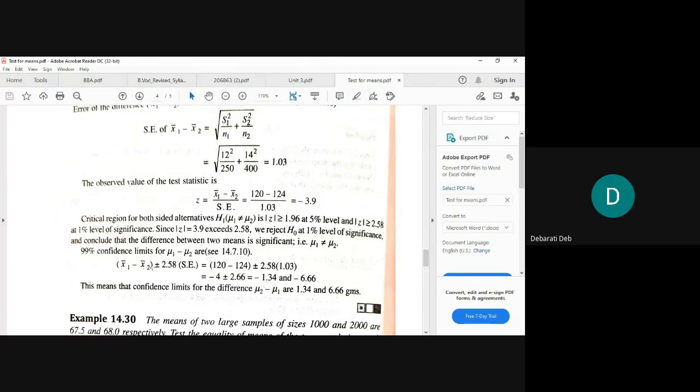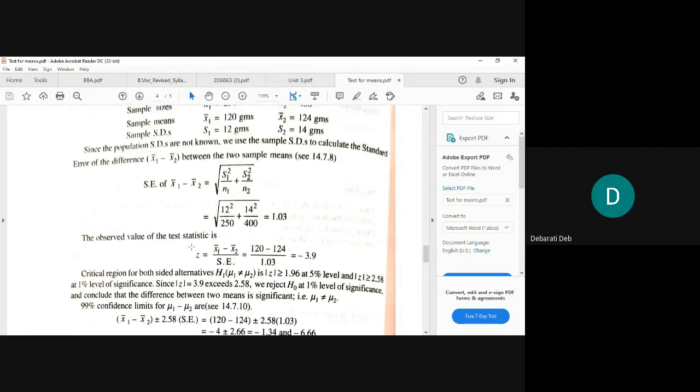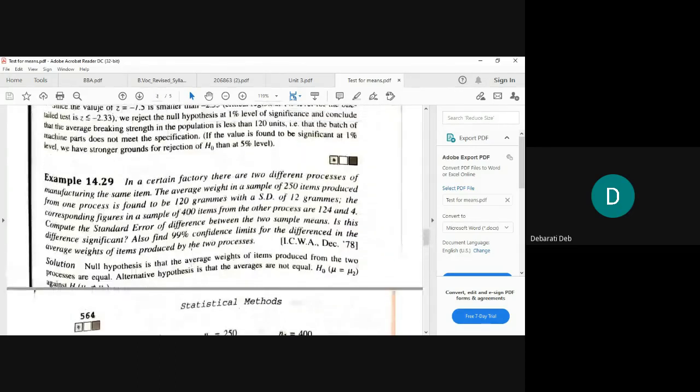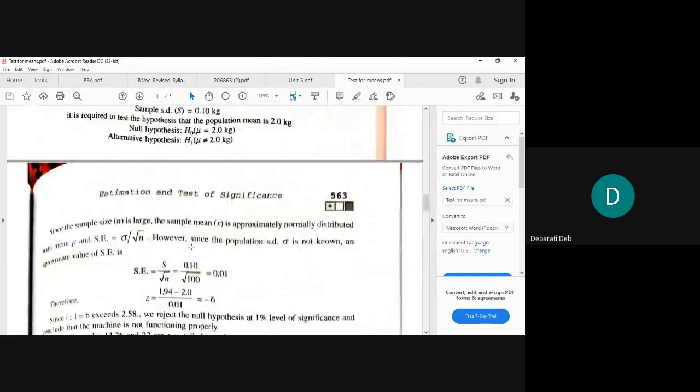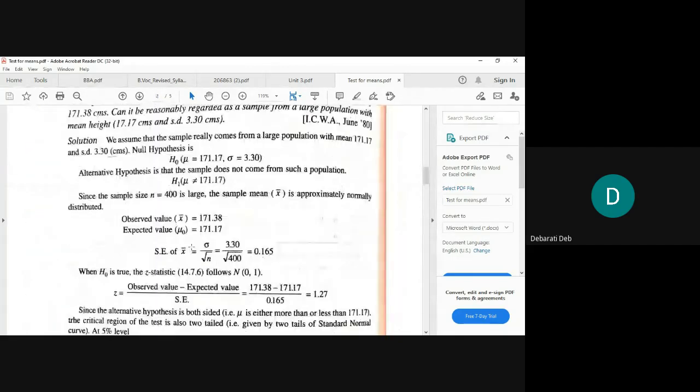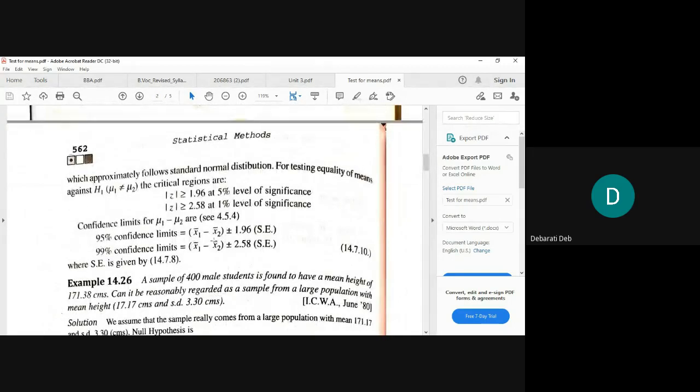And if you are asked to calculate confidence limits, then you will calculate it. I hope I have given you the formula for calculating confidence limits. Yes, the confidence limits formula is there.